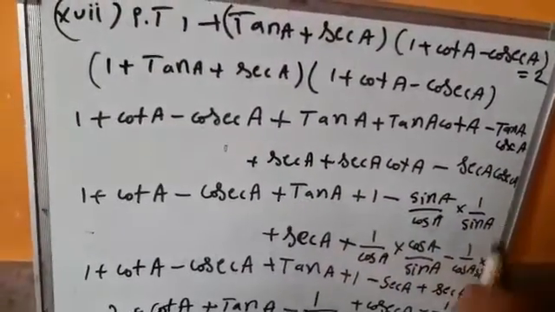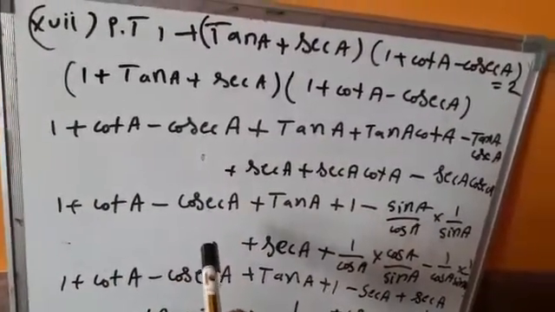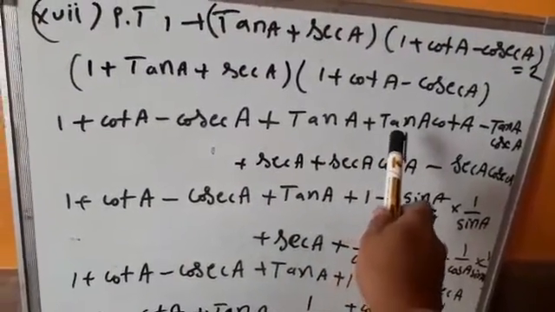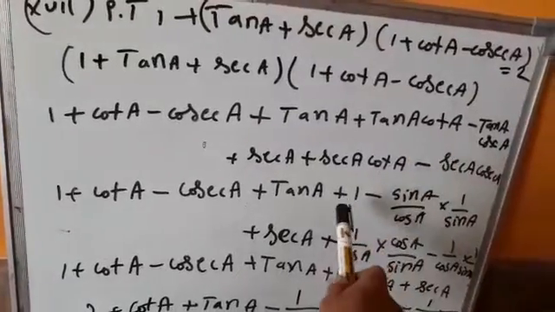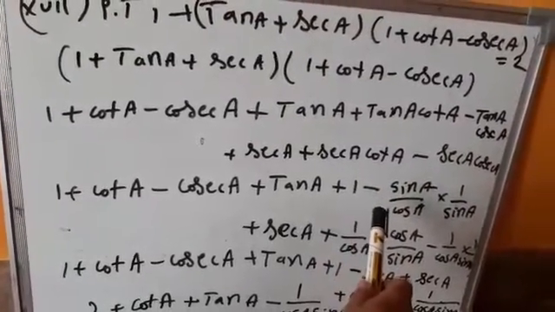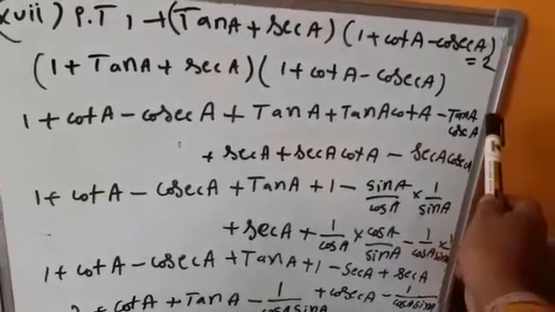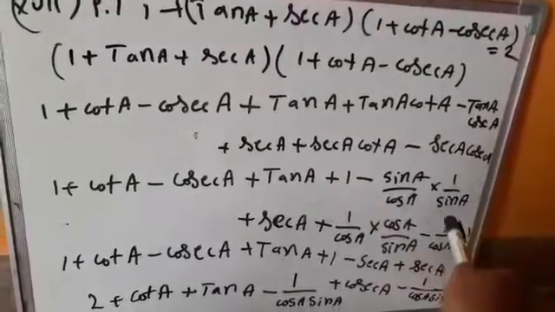Next see here, 1 plus cot a minus cosec a same, plus see here tan a also same, plus here tan a into cot a we should convert using the tan a formula 1/cot a. So cot a cancels, remaining is 1, minus. Next see here, tan a means sin a/cos a into cosec a formula 1/sin a.